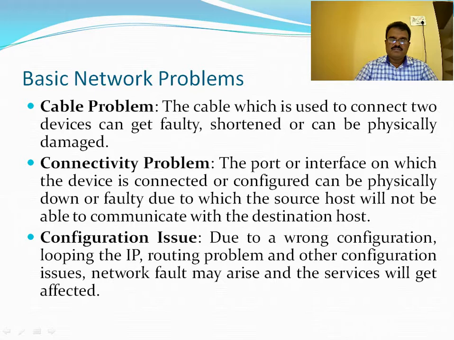This is the most important factor in networking problems, because sometimes there will be no cable problem and no connectivity issue, but still there is a malfunction in networking. That may be because of a configuration issue. So we have to check in troubleshooting methods whether it is a cable problem, connectivity problem, or configuration issue.